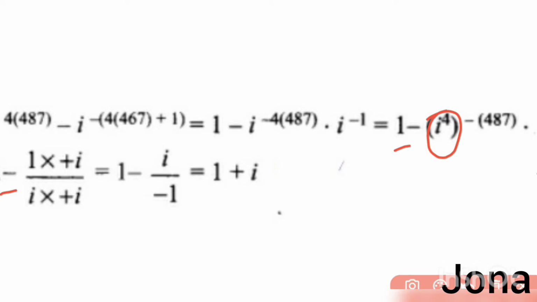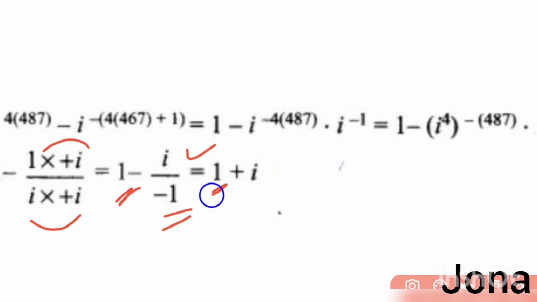Here 1 by i can be multiplied in numerator and denominator by i. So we get 1 into i is i, and i into i is i square. The value of i square is minus 1. So we keep this 1 as it is, minus into minus is plus, and i by 1 is nothing but i. So the total value is 1 plus i.